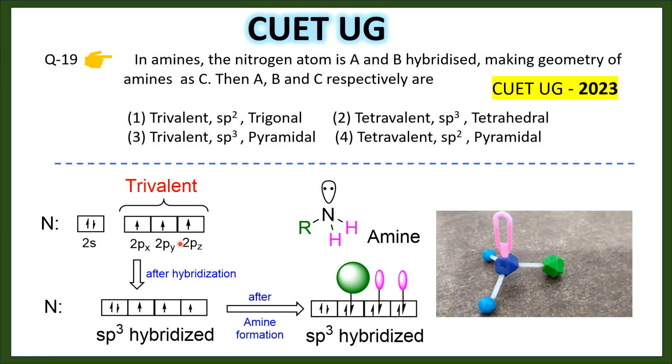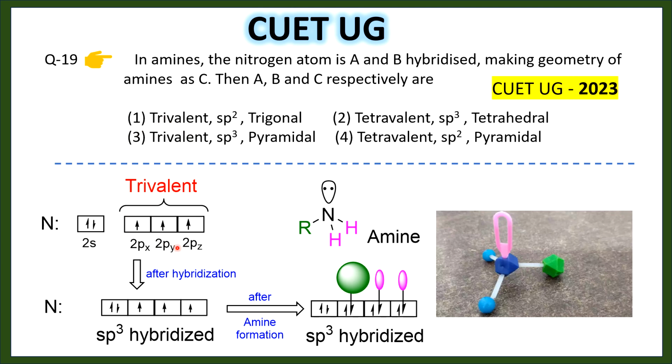Nitrogen atom, this is the ground state configuration of nitrogen, 2s2 2p3. So as the outer valence electronic configuration, it contains 3 unpaired electrons, so it is trivalent. So let's remove these two options, we can only consider 1 and 3.